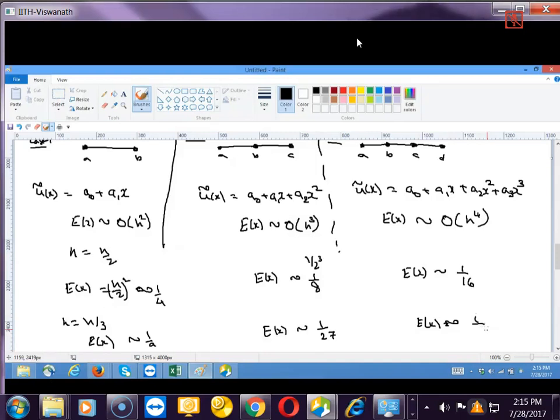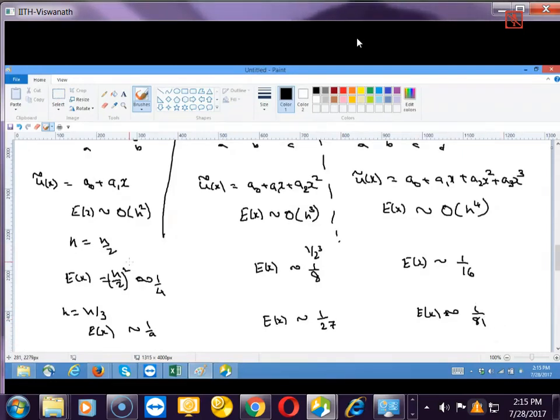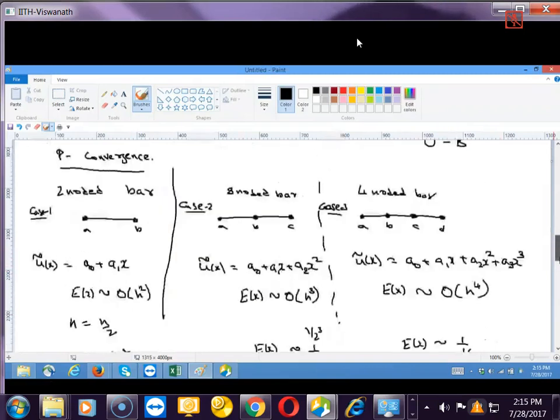If you look at it, the difference is with the increase in the number of nodes: the p in this case was 2, the p in this case is 3, the p in this case is equal to 4.